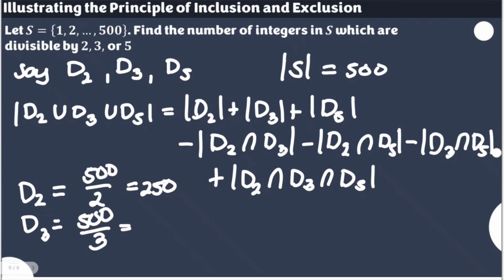However, when we divide 500 by 3, we will get a non-integral answer, because 500 divided by 3 is 166.6666, and so on. We don't know yet the actual value, but we are looking for the count, the number of integers. We can answer in decimal or even fraction form.